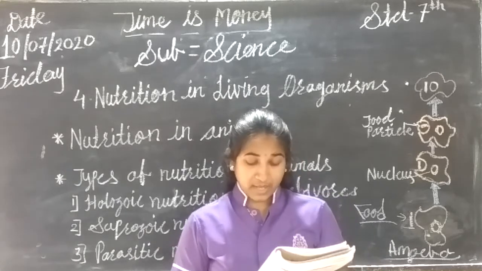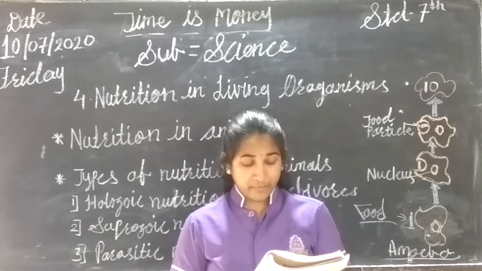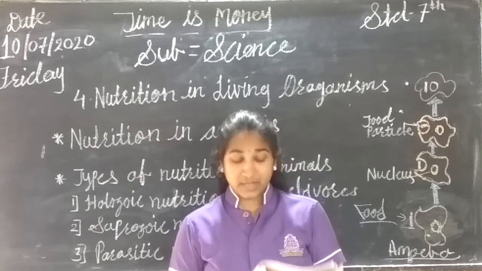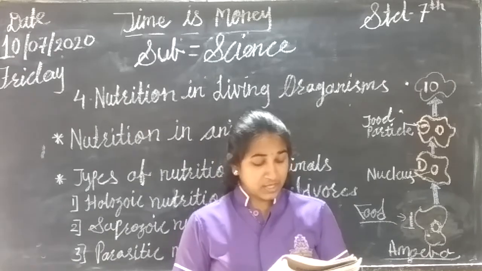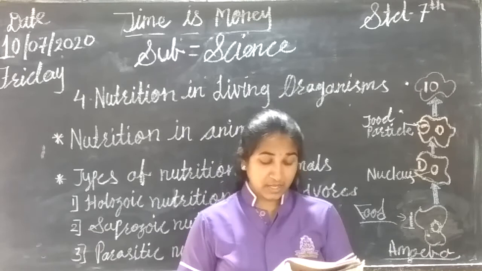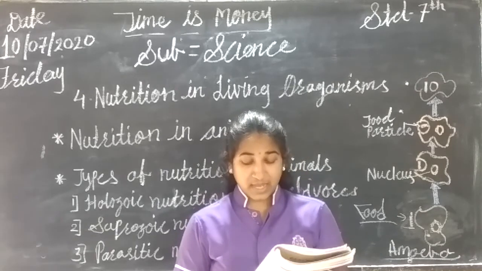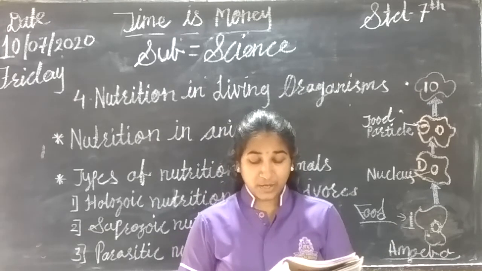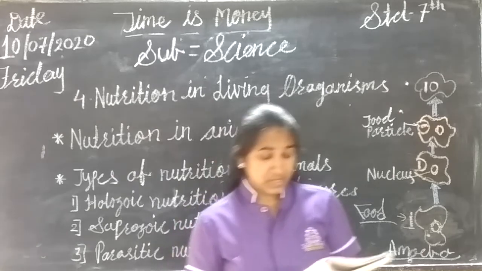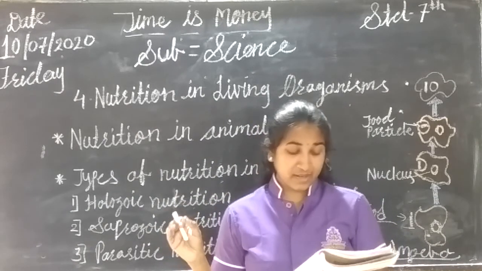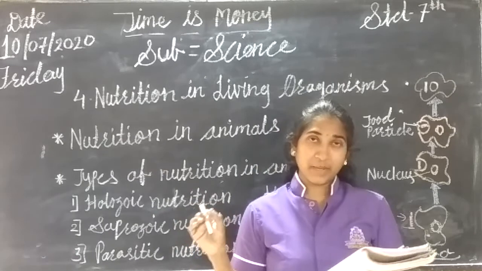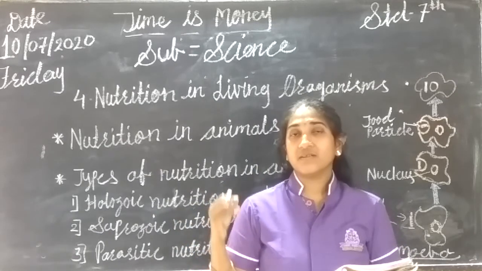Then animals like tapeworm and roundworms live inside the body of other animals and obtain their food. This is endoparasitic nutrition and these animals are known as endoparasites. See, animals like tapeworm and roundworm live inside the body of other animals for their food.